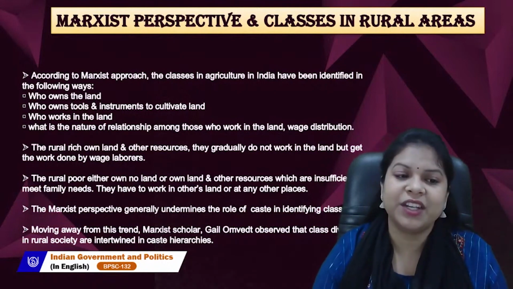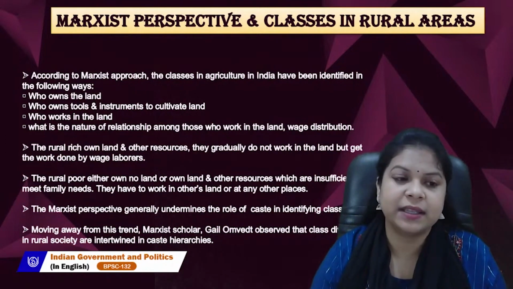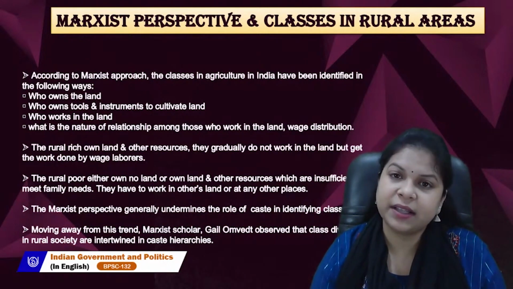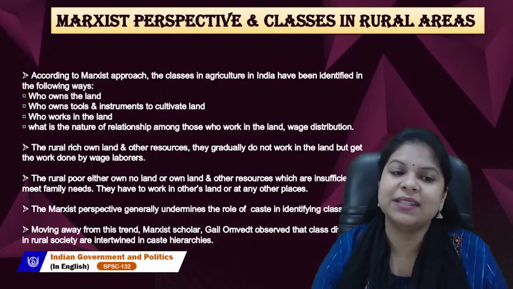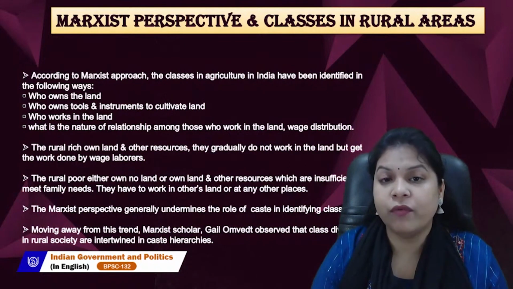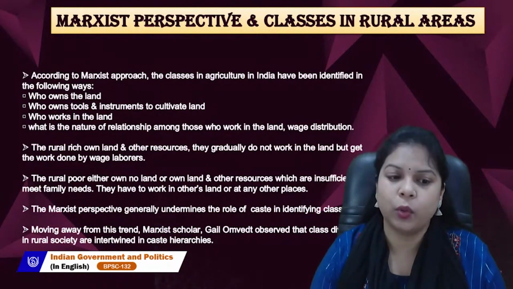So who owns the land? The rural rich. Who owns tools and instruments to cultivate the land? The rural rich. Who works in the land? The wage laborers, not the rural rich.